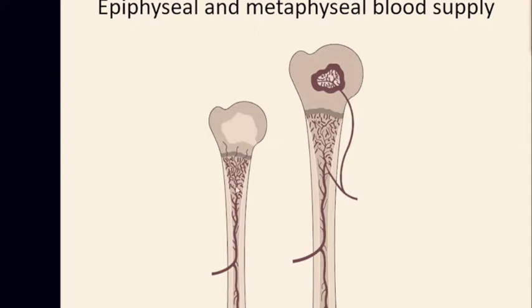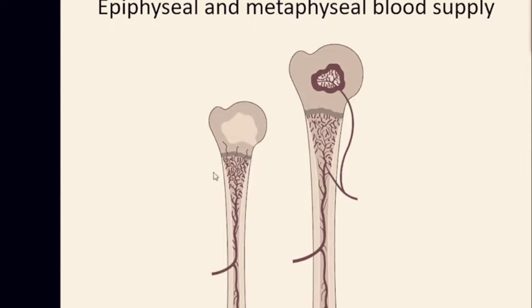If you look at this, this is a bone of maybe an infant or a child less than 2 years. What we see is the growth plate, and these are the metaphyseal blood vessels crossing the physis.